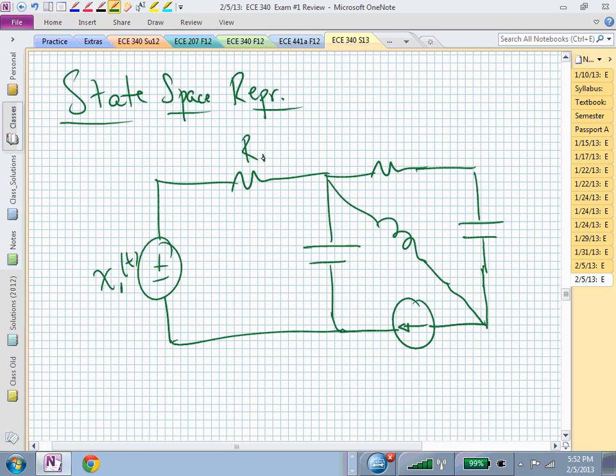So here's R1, R2, let's say this is C1, C2, L, and let's say this is X sub 2. I didn't hear that last comment. I don't know if it was relevant, but it's something that I'm just getting you thinking about.